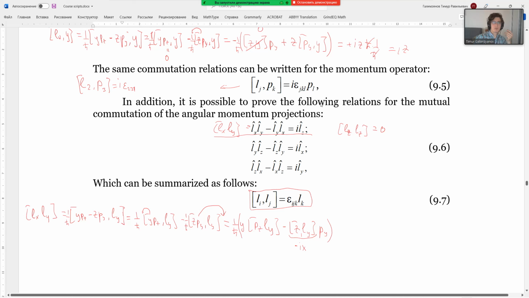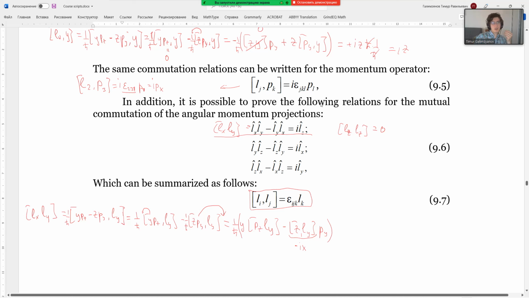So l equal 1, P1. That means that Ly commuting with Pz will equal i Px, and we have to calculate this.